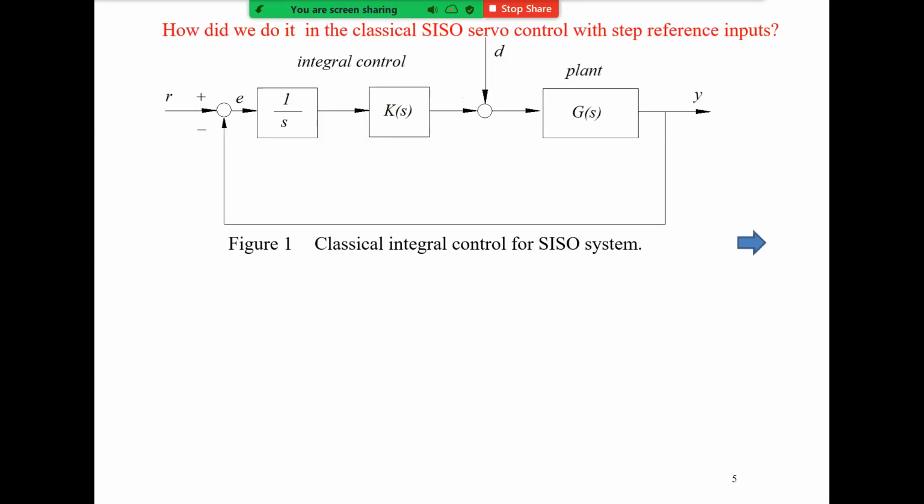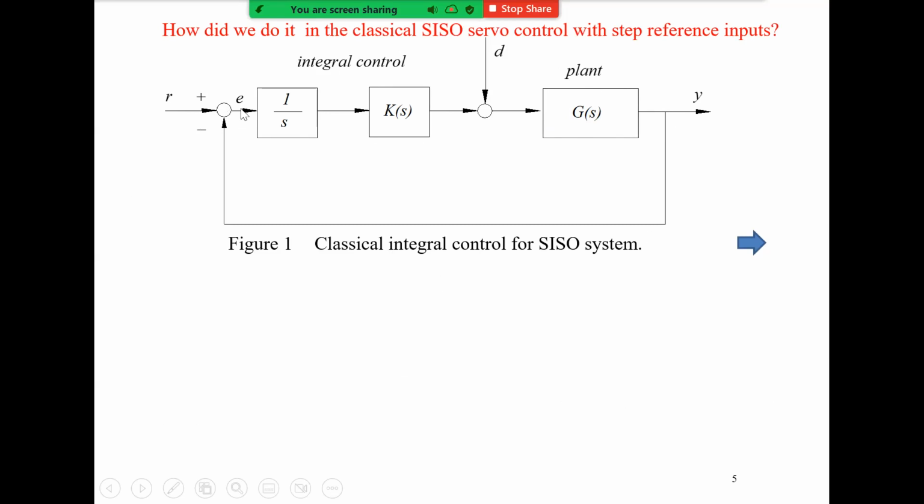But before I present the solution, let's just draw some tips on how we did it for a simple case. Many of you took a course on control system design, so if you look at this diagram, that should look very familiar. You have a system described by a transfer function, and then you have some reference output that you want the output Y to follow.